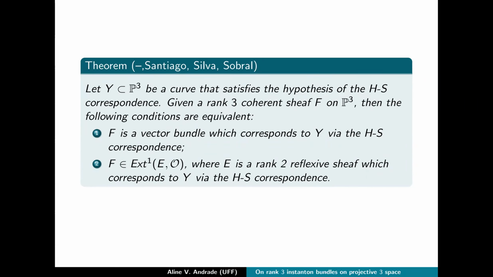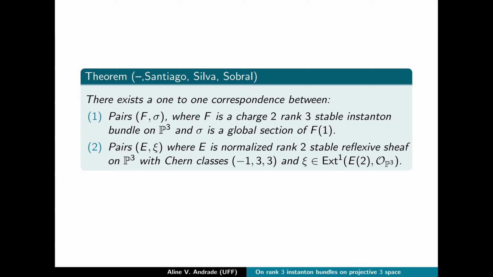When we focus on the case of charge 2, we have a one-to-one correspondence between pairs, where F is a charge 2 rank 3 stable instanton bundle on P3, and sigma is a global section of this first twist. So the charge 2 gives me the exact spot where the global sections will appear, which is in this case in this first twist.